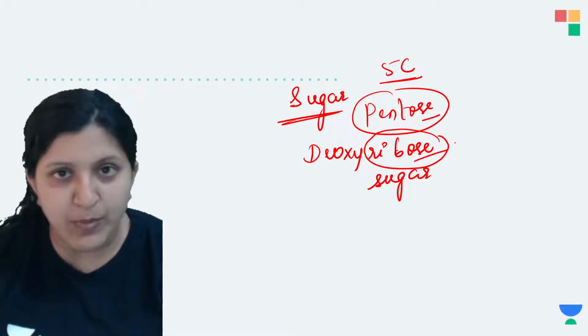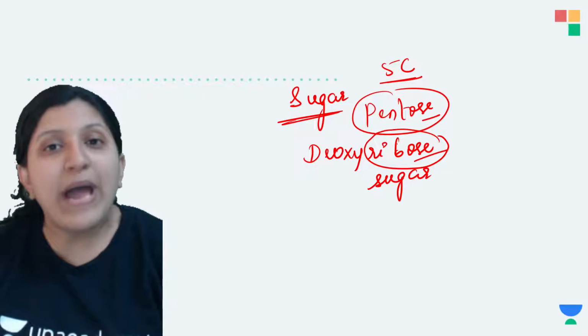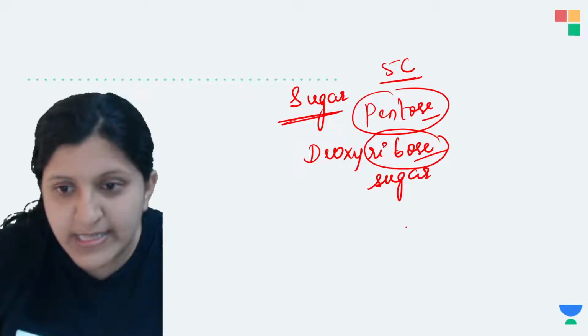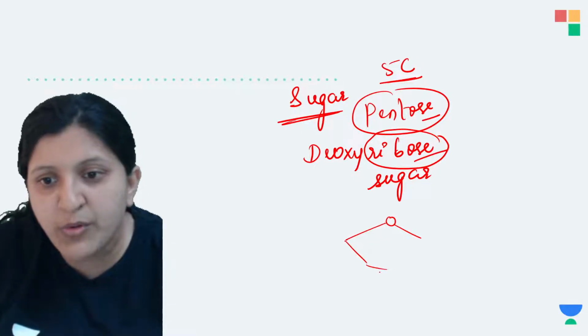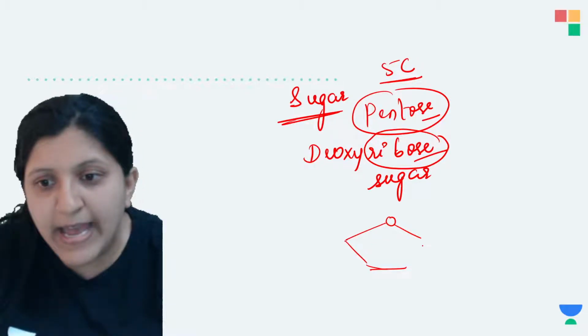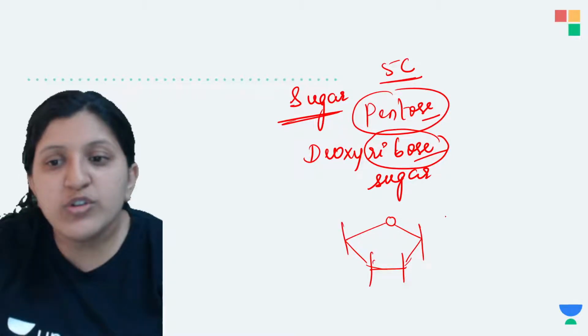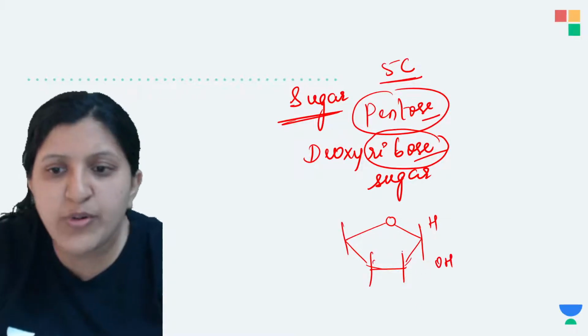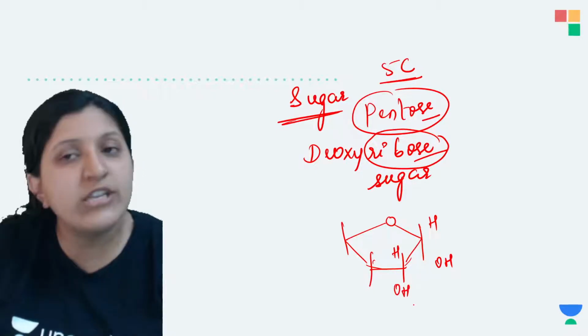Now we are mentioning deoxyribose, so why do we call it like that? Let's see this one. This is the structure of the sugar that we will be studying. As usual, this is HOH, so different structures you will find. Here also HOH, but here instead of OH, H will be there.